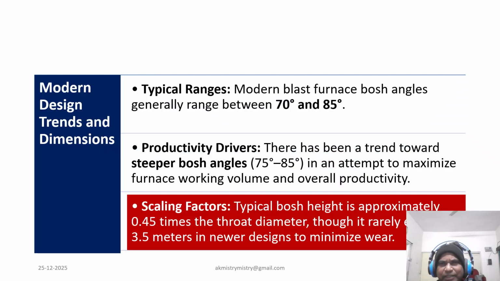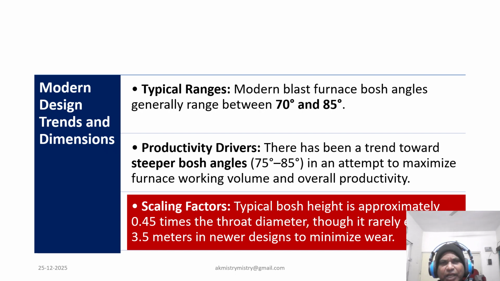Research shows that the Bosh angle is a primary factor in the longevity of the furnace cooling system. If the angle is too high, greater than 75 degrees, it can lead to an unstable fusion zone position, causing excessive abrasion and premature failure of copper cooling staves.